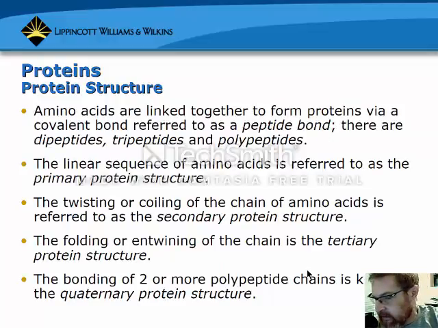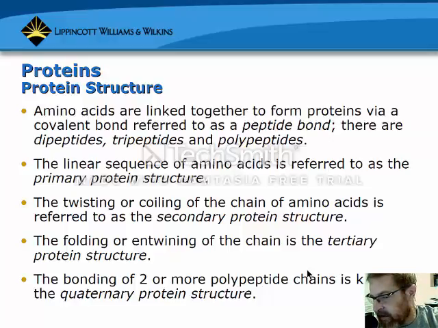Now, there are three levels of protein structure that are in every type of protein. Some also have a fourth level. So the first level is the linear sequence of the amino acids, and this is called the primary protein structure.